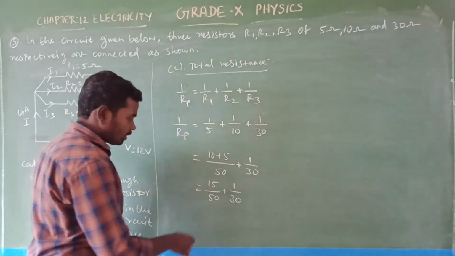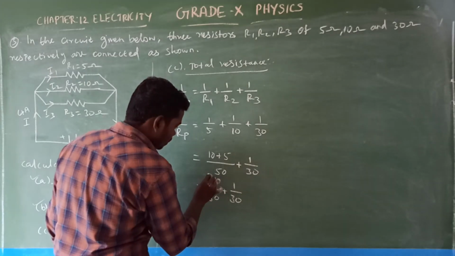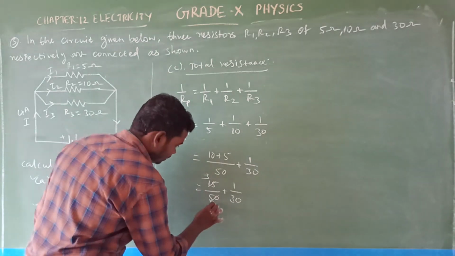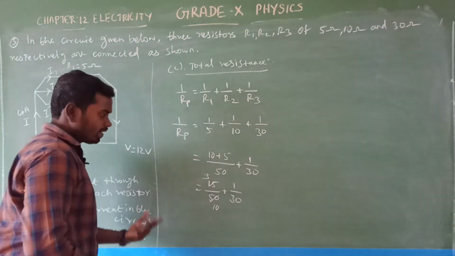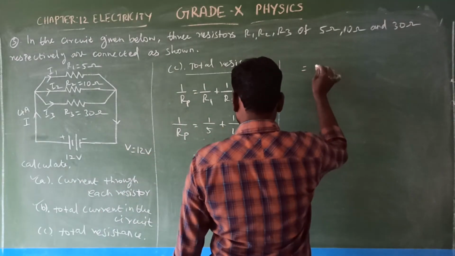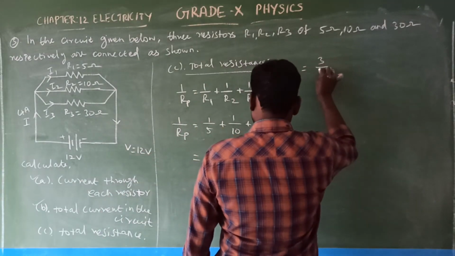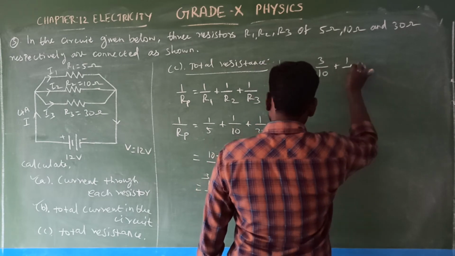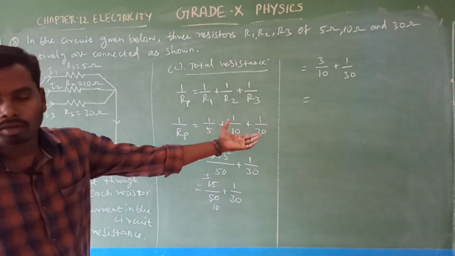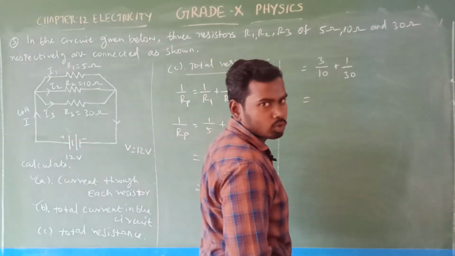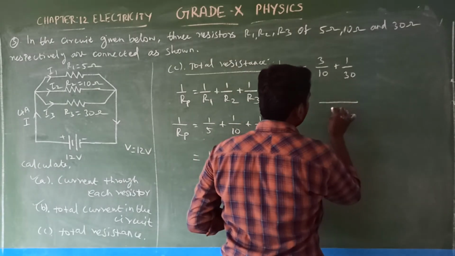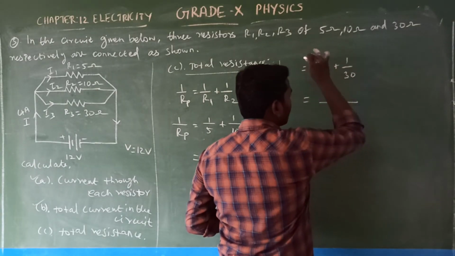Further divide this by 5, and then we get 3 divided by 10 plus 1 by 30. I have simplified like that. Then again take the LCM. So multiply the denominators, 10 into 30, how much? 300, and make a cross multiplication.